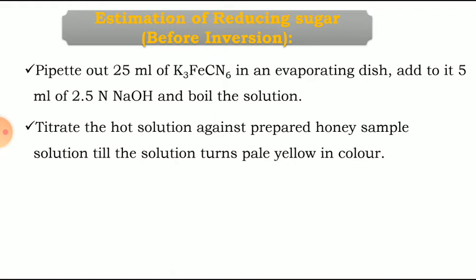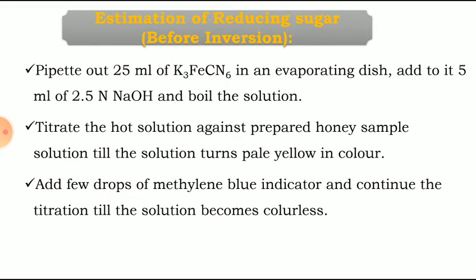We titrate against that honey sample solution till the solution turns pale yellow in color. After the pale yellow color, we have to add a few drops of methylene blue as an indicator into the above yellow solution and continue the titration till the solution becomes colorless. Here we are getting the end point.